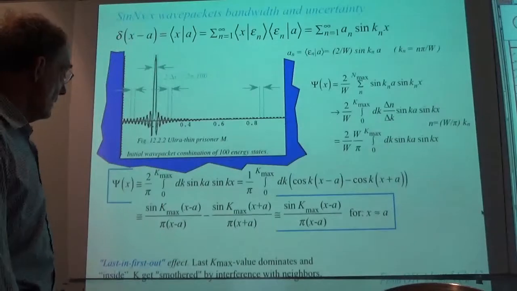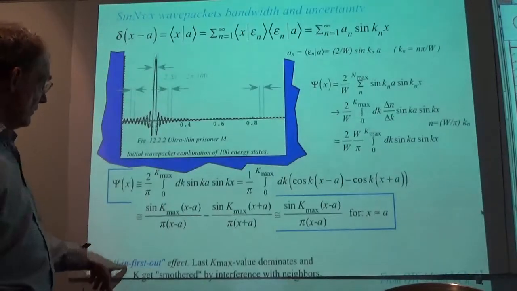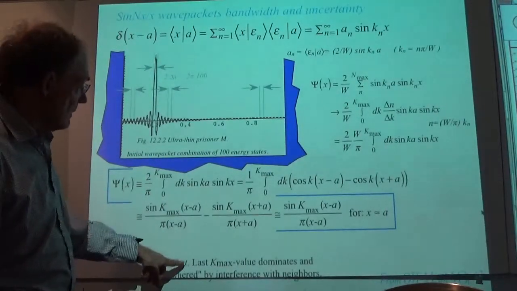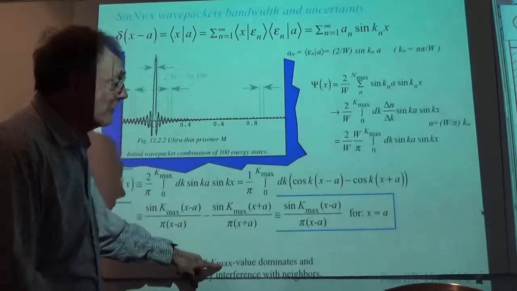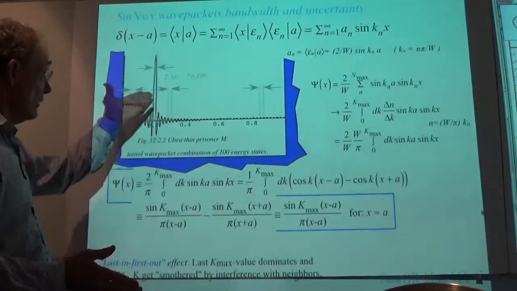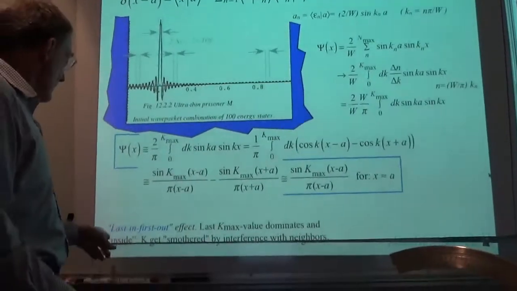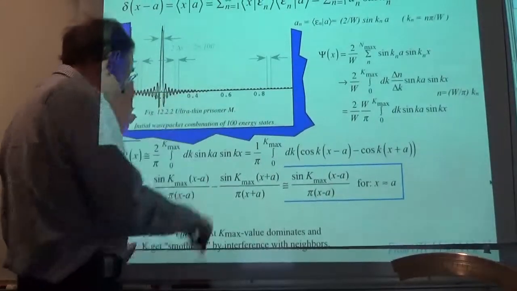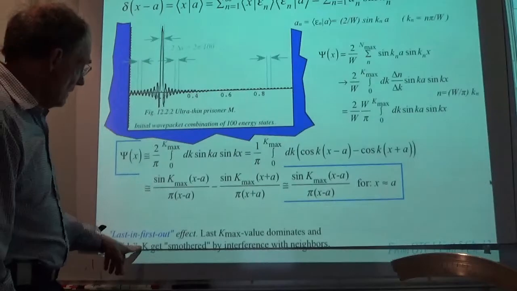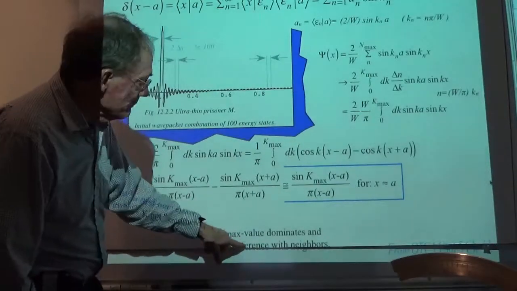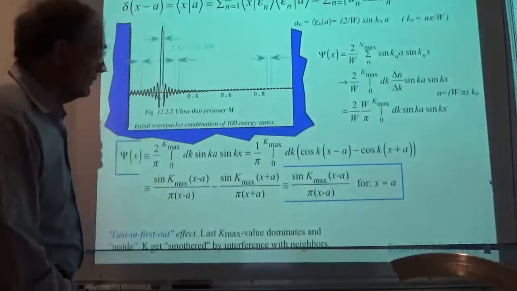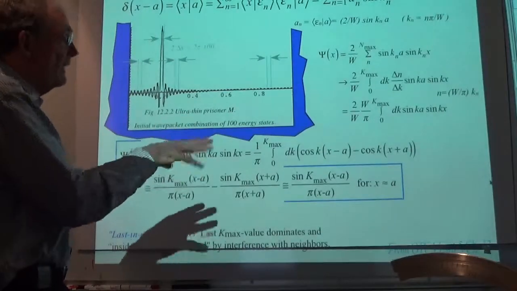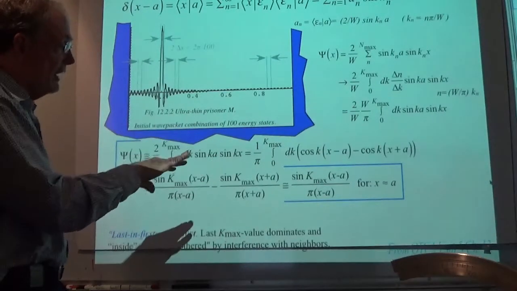Now, this is what I call the last in, first out effect. The last k max value that you added, which in this case is 100, dominates inside this pulse. All the other k's get smothered by interference with their neighbors. 99 gets killed by 98 and 100 on either side.